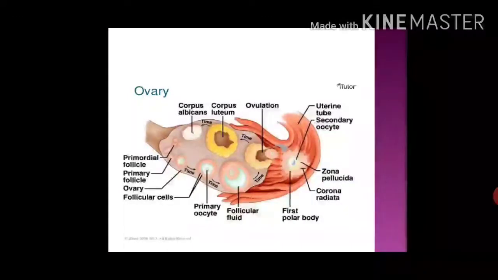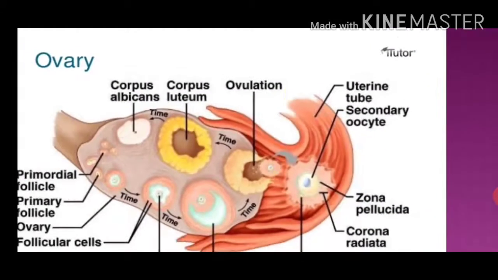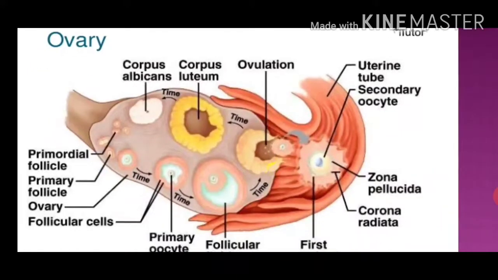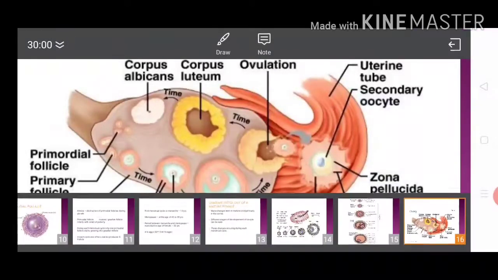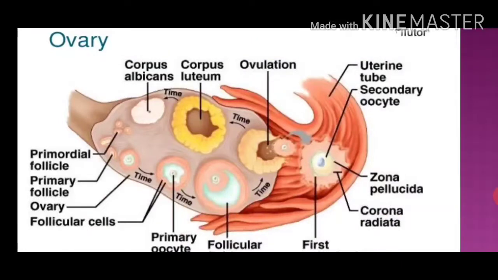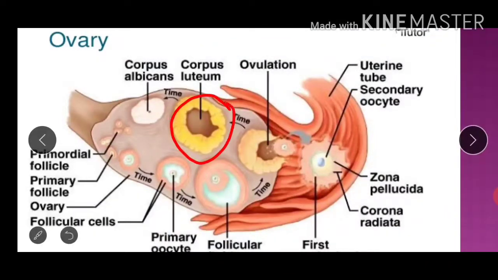This Graafian follicle releases the ovum, and that particular period is known as ovulation. After releasing the ovum, the remaining part of the Graafian follicle becomes yellow in color. See this part.